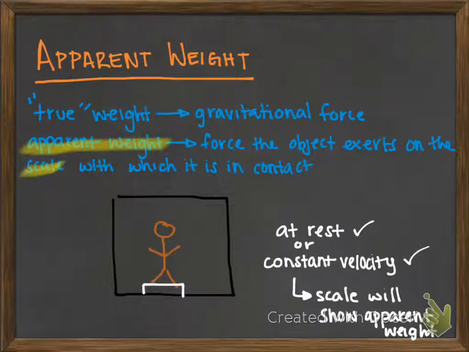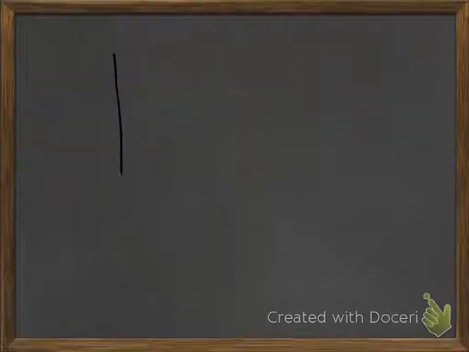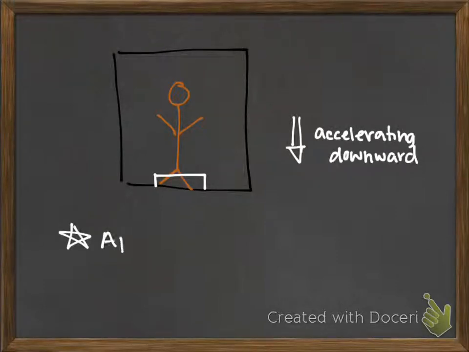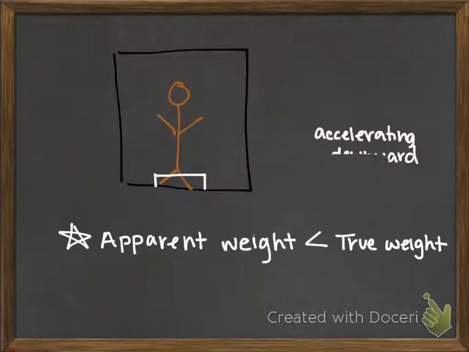Now we can also have an elevator with a person accelerating downward, and in this situation the apparent weight will be less than the true weight. If you think of it logically, when you are accelerating downward, you feel a little lighter.